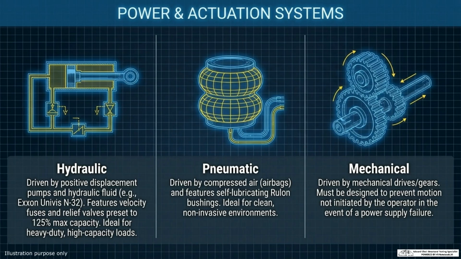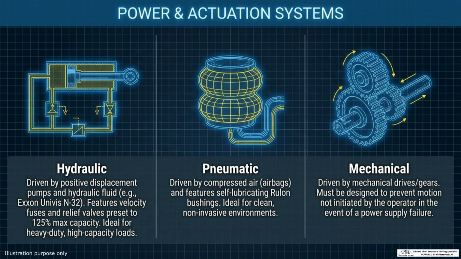Hydraulic systems are the workhorse. High capacity, positive displacement pumps. Velocity fuses and relief valves preset to 125% of rated capacity. One specific caution: the fluid matters. Do not substitute synthetic hydraulic fluids that swell seals designed for petroleum bases.